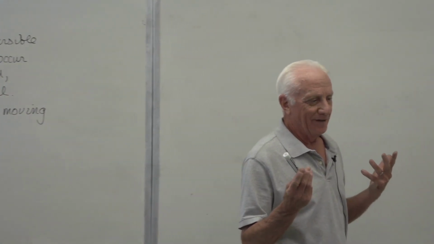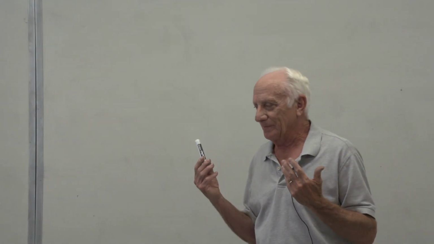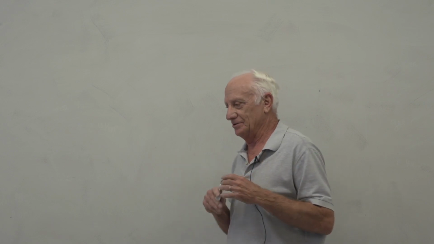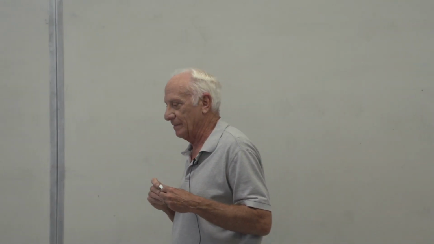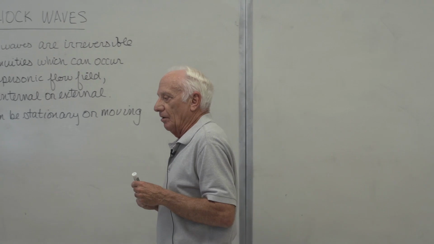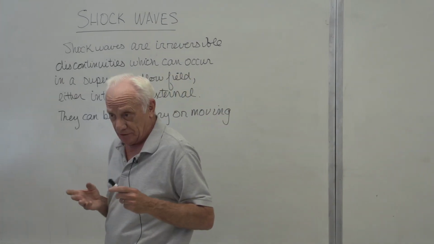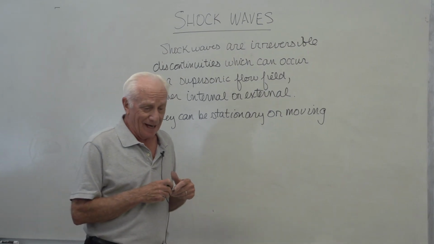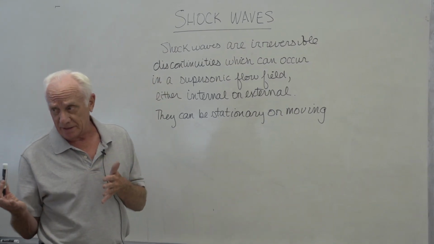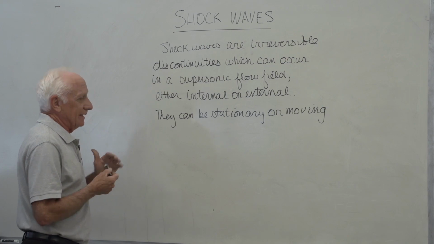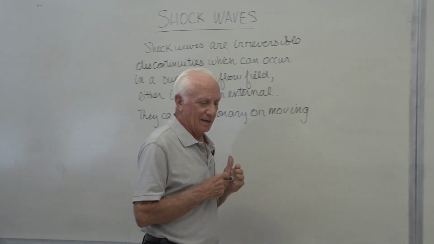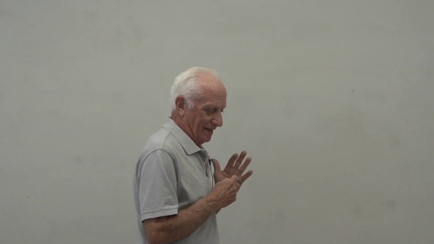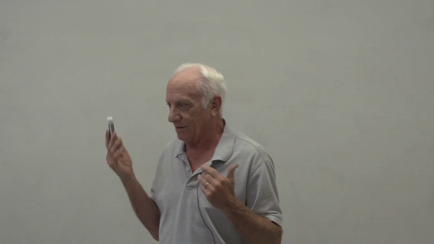There's pictures of aircraft shock waves online that show in certain weather conditions the shock wave off the aircraft body. They can also occur inside of pipes. They can also occur in nozzles, which is where we're going to see them in our class. They can be standing, like in a pipe or a nozzle, or they can be moving, like a fighter jet going Mach 1.2.